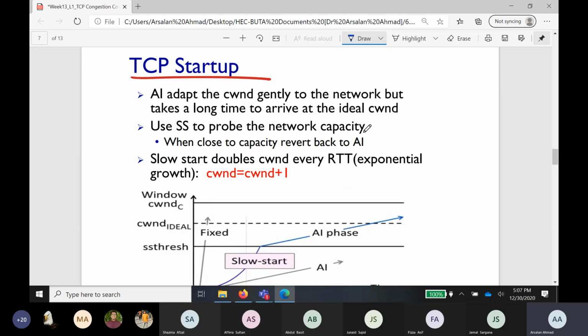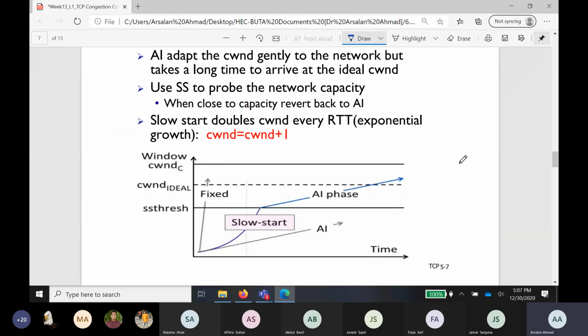Okay. And I said that before moving to the three algorithms, let's first discuss the three phases. And we discussed TCP congestion avoidance, slow start, and FRFR. So the three phases were slow start, congestion avoidance, and fast retransmit and fast recovery, FRFR.